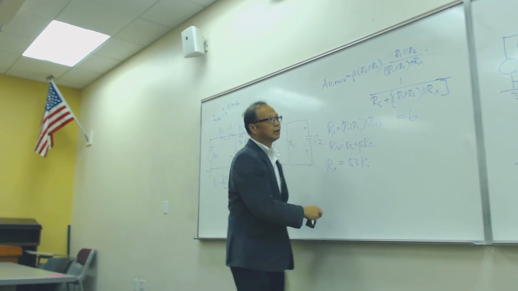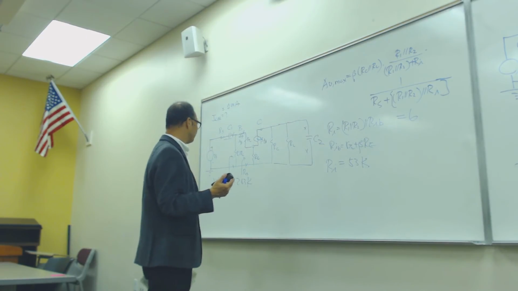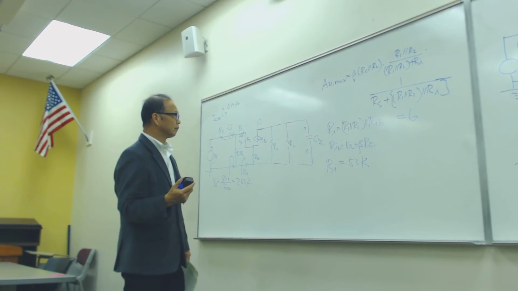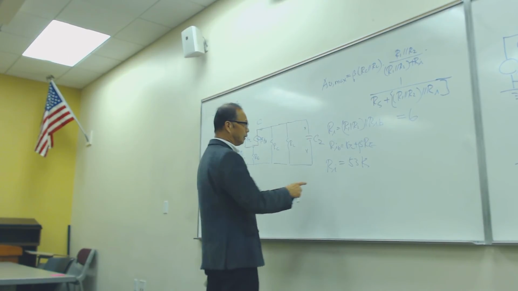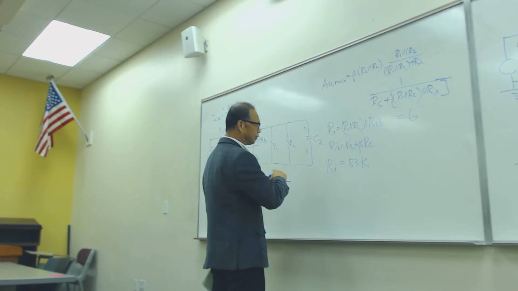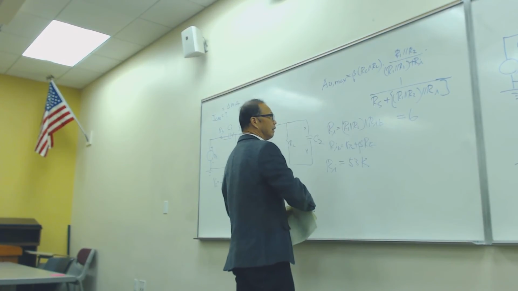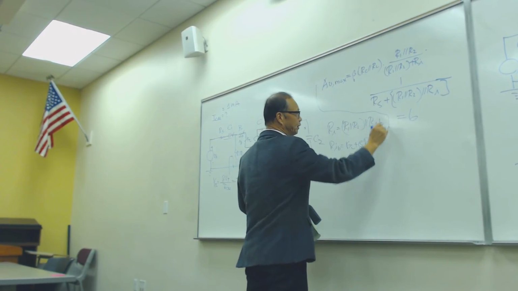This is R sub I, this is RIB. AV max is 6. This is separation.